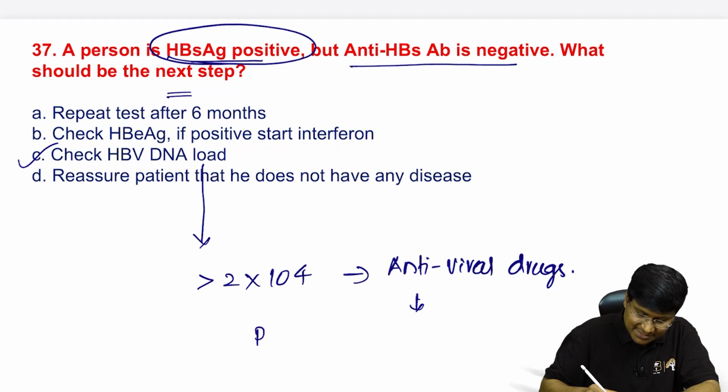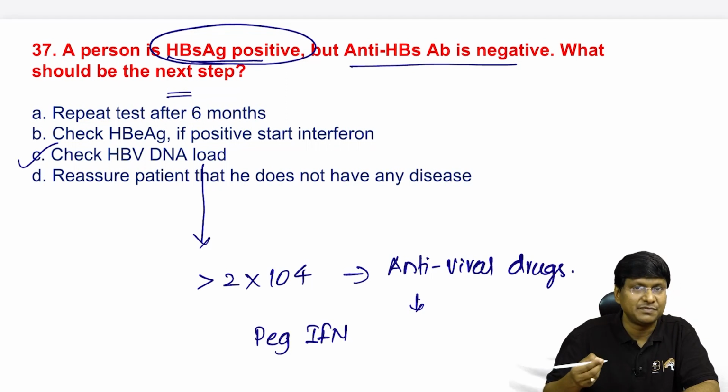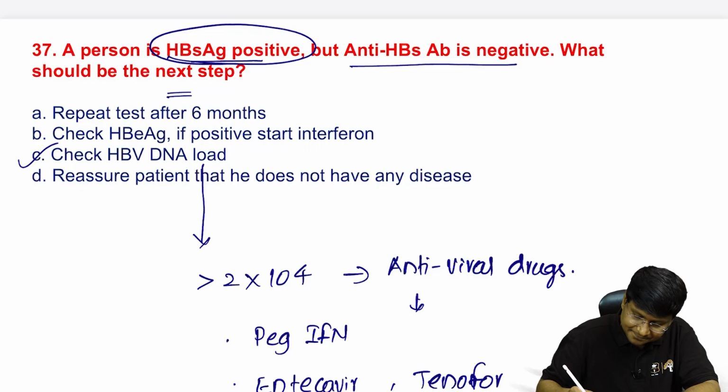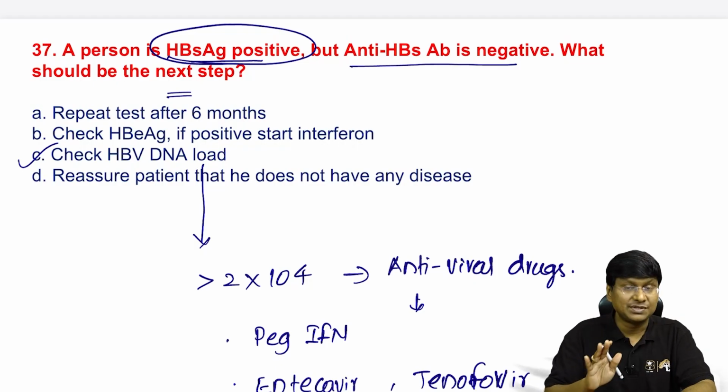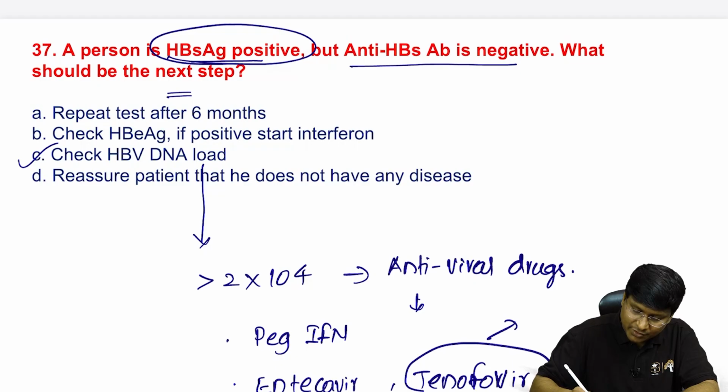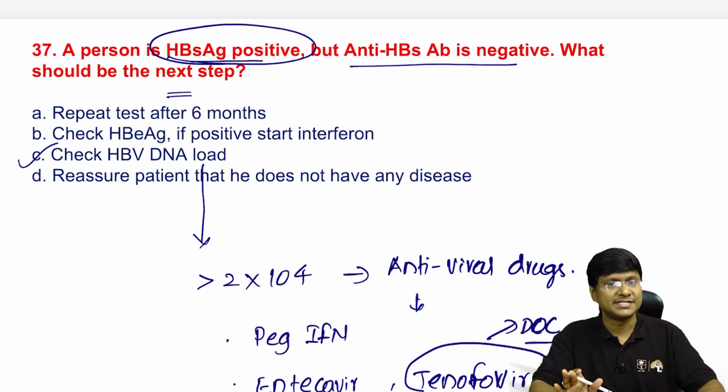Number one, pegylated interferon. This was the drug which we were using previously, but the drugs that we are using presently are entecavir and another important molecule, tenofovir. So these three are the important antiviral drugs. But out of all these, the drug of choice is tenofovir.